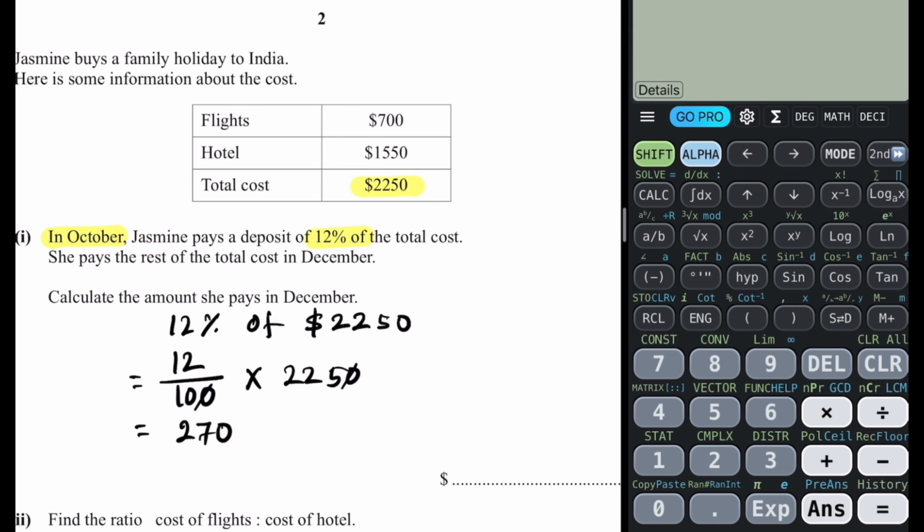This was paid in October, so the rest she paid at the end, in December. That is 2250 minus 270. So it is becoming 1980. Okay, so it is $1980.